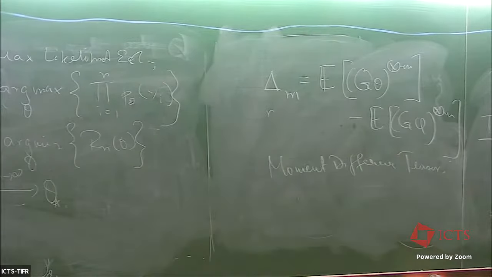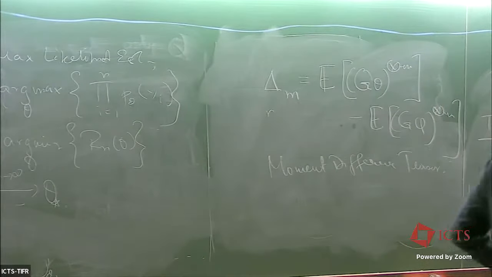So this is a basic result. And what this tells you is that if you look at the landscape of the KL divergence of this model, then these moment difference tensors, they come up in a natural way because of these inequalities.